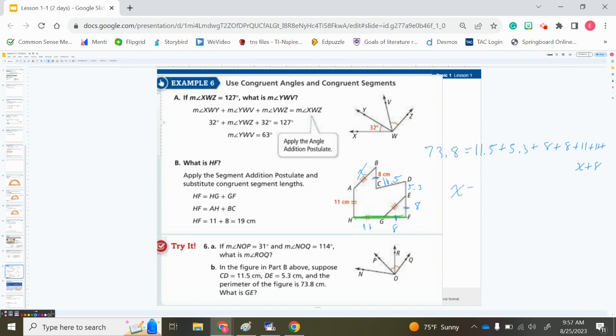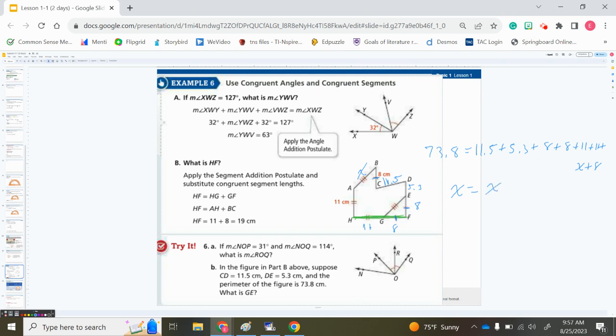Someone tell me, what does x equal when you get this all figured out? Calculators are helpful. You got 5.5? Yeah. I got 11. So what I got was 62.8.